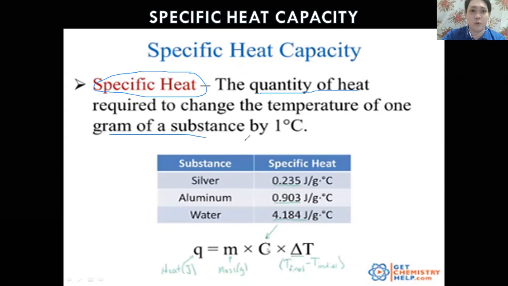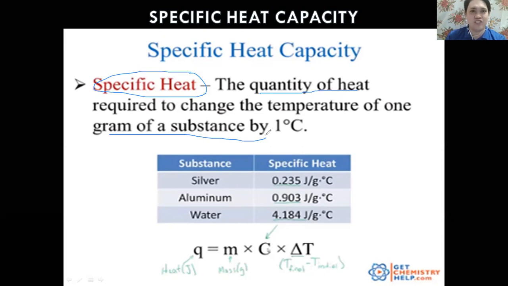And that is how we define specific heat. How much heat is required for a substance, material, or object to change the temperature of 1 gram of a substance by 1 degree Celsius. That is the concept of specific heat capacity.